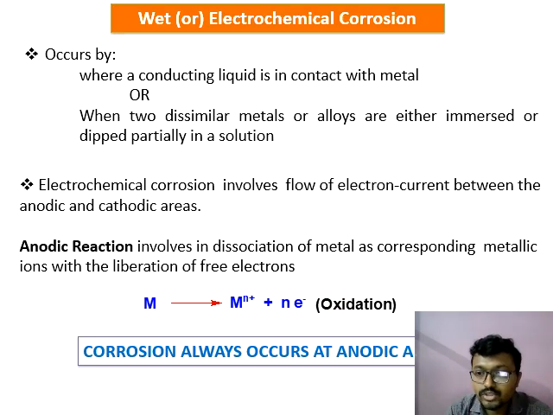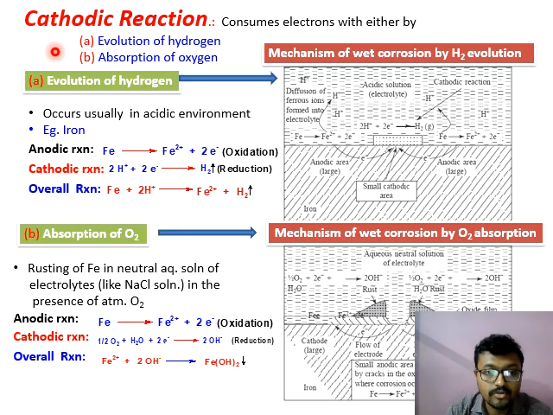Now in electrochemical corrosion, there are two important reactions: one is the anodic reaction, the other is the cathodic reaction. In the anodic reaction, we have seen that the anode material is oxidized. In the cathodic reaction, there are two types of reaction: one is evolution of hydrogen, another is absorption of oxygen.